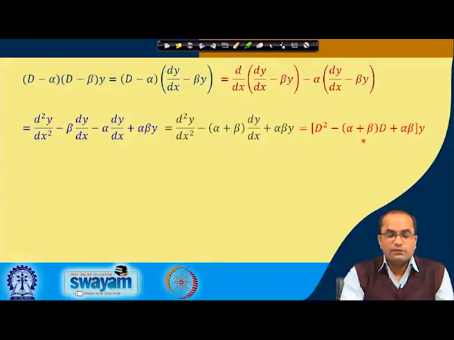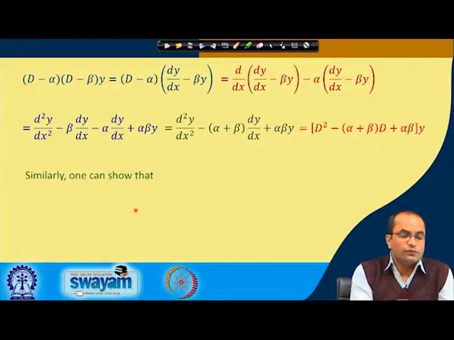We can write this again in terms of the operator: D squared operated on y, minus alpha plus beta, D operated on y, and alpha beta times y. Taking y to the right hand side, we have D squared minus alpha plus beta times D plus alpha beta operating on y.